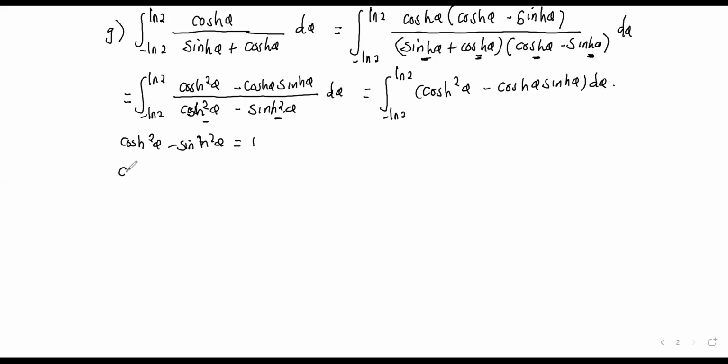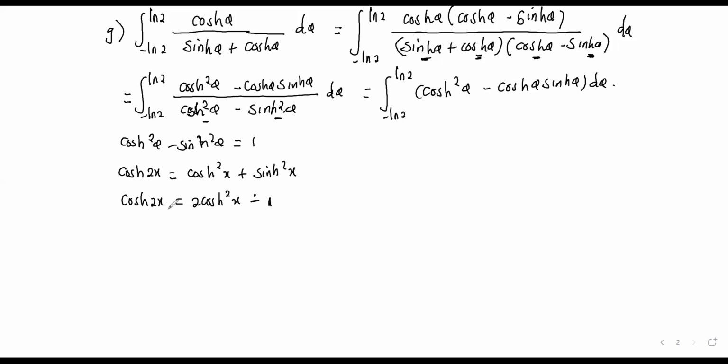We have this: cos 2x is equal to cos squared x plus sine squared x, which takes us to cos 2x equal to 2 cos squared x minus 1.